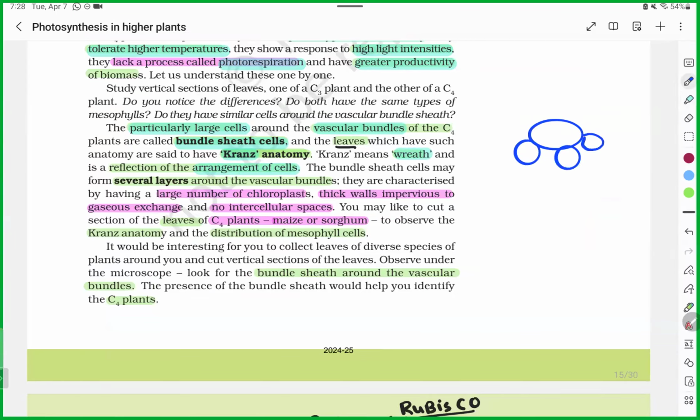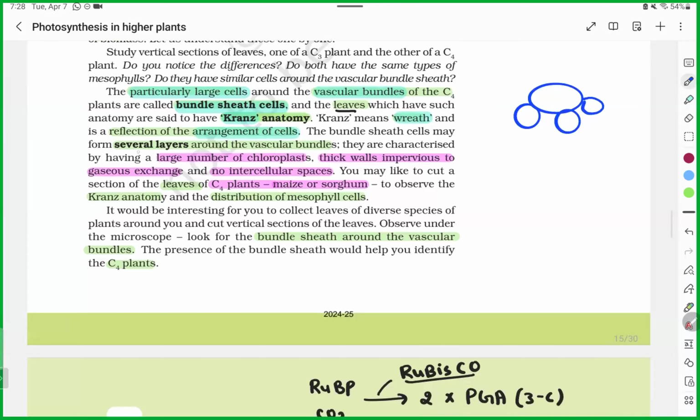Bundle sheath cells form multiple layers, several layers around the vascular bundle. Very, very important. NCERT also marked this important. Dark color. More number of chloroplasts.